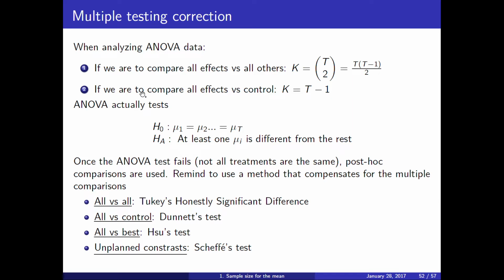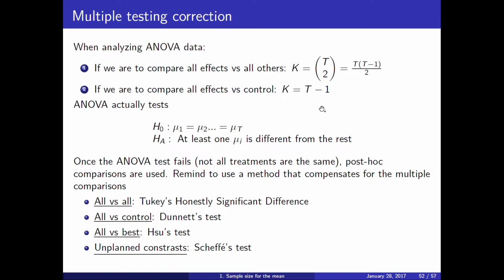So in that case, K is T over 2, so that is T times T minus 1 divided by 2. This is T groups taken in groups of 2. And if you compare all the effects versus a control, then you have fewer comparisons, so you have only T minus 1. And depending on how many treatments you may have a large number of comparisons, and then you have to compensate for those large number of comparisons.